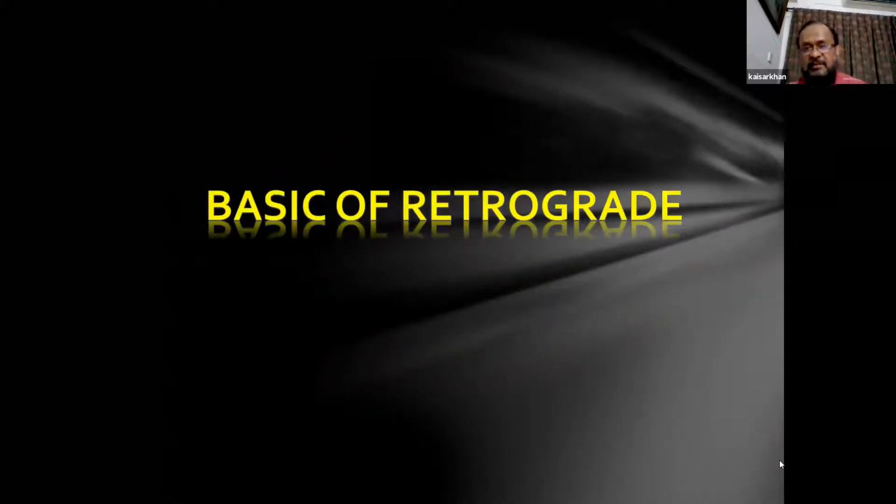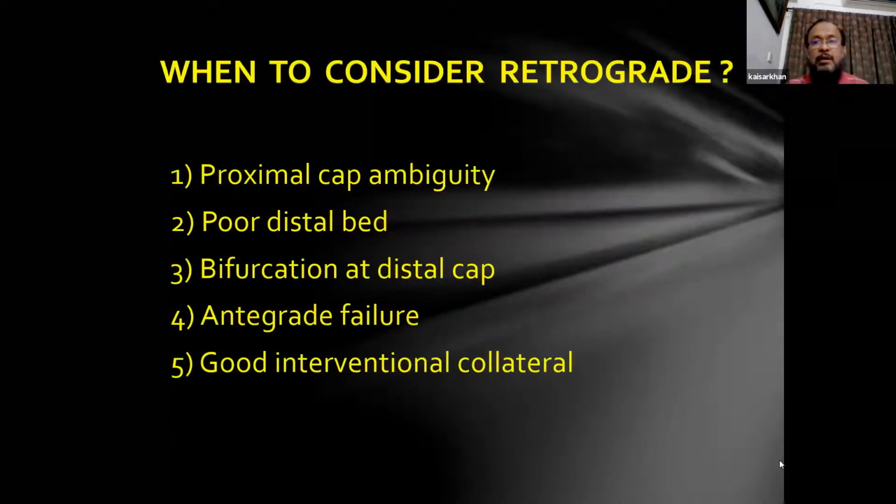First, before starting the agenda, I just want to share 2 slides with all: the basics of retrograde CTO. So when to consider retrograde? When there is proximal cap ambiguity, poor distal bed, bifurcation at the distal cap, or antegrade failure, and of course you have to have good interventional collaterals to go retrograde.